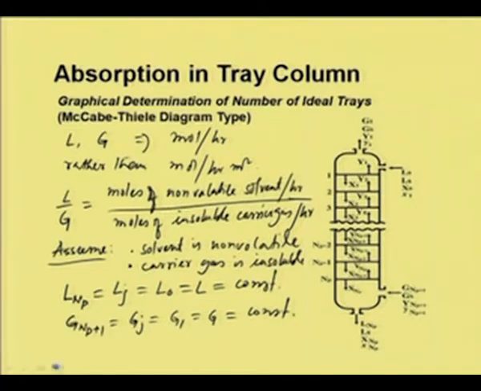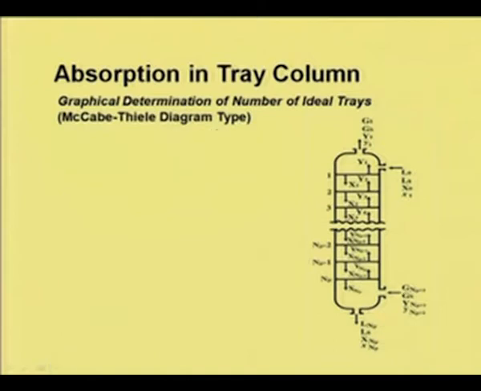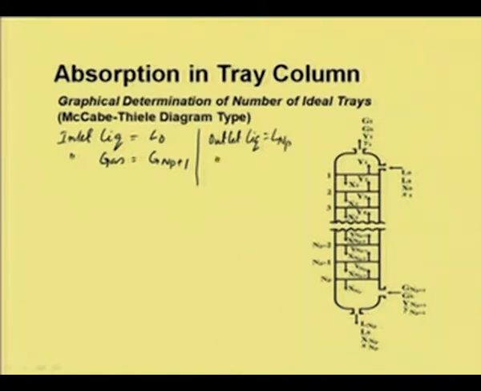Now we will derive the general equations for this general flow diagram. Inlet liquid is L0, inlet gas is GNP plus 1, the outlet liquid is LNP and outlet gas is G1.